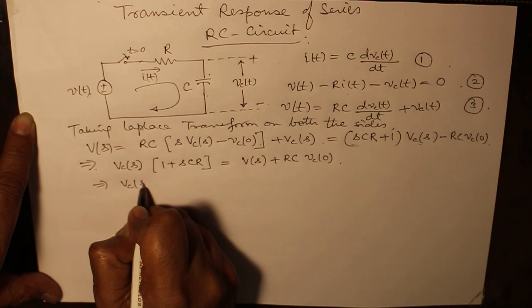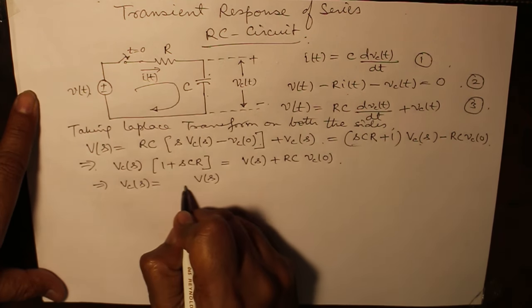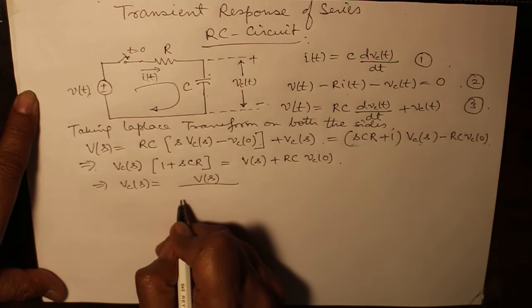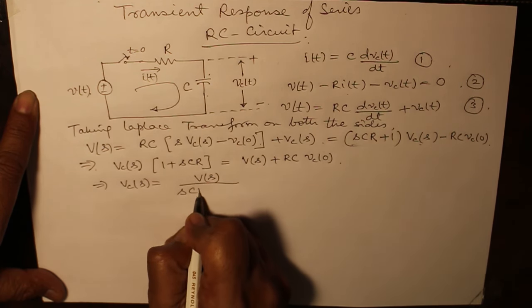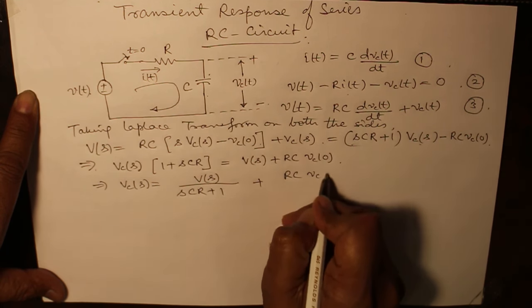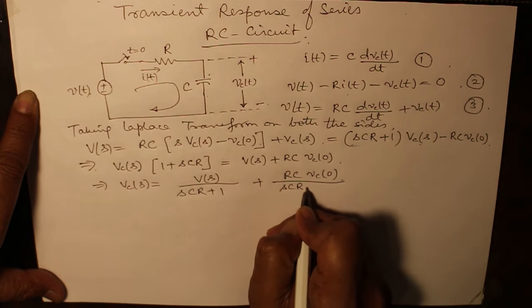So VC(s) is equal to V(s) divided by, what should be the proper way in which we should write? sCR plus 1, plus RC VC(0) divided by sCR plus 1.